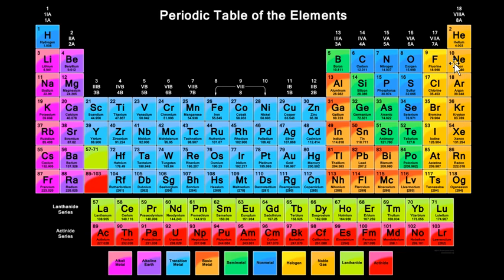The P block elements are placed in groups 13 to group 18 of the periodic table.